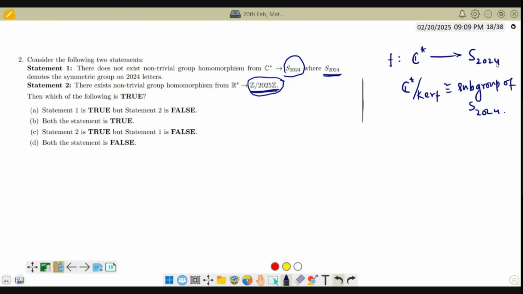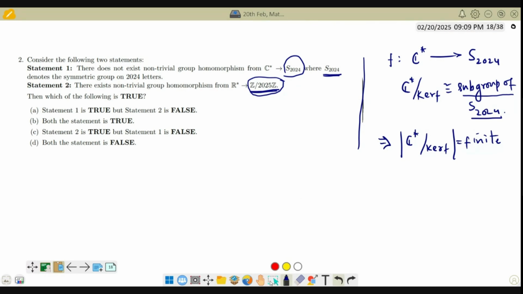I was thinking this subgroup should be a finite group. Yes, because this is finite, such a subgroup will be finite. So you can conclude that S_2024 modulo kernel of F is finite, right? Some finite quantity. Yes or no? Is it clear?